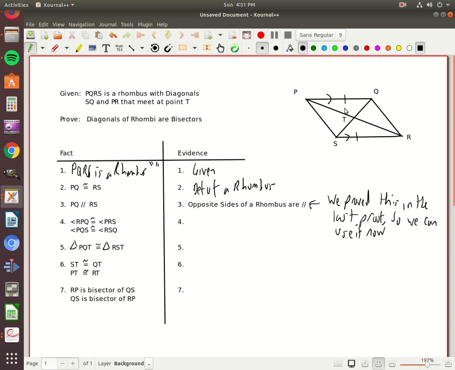All right, so because we have these, we can now say that angle RPQ is congruent to angle PRS, and we can say that PQ is parallel to RS.